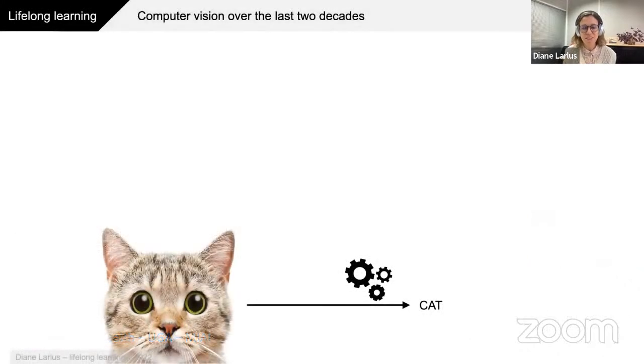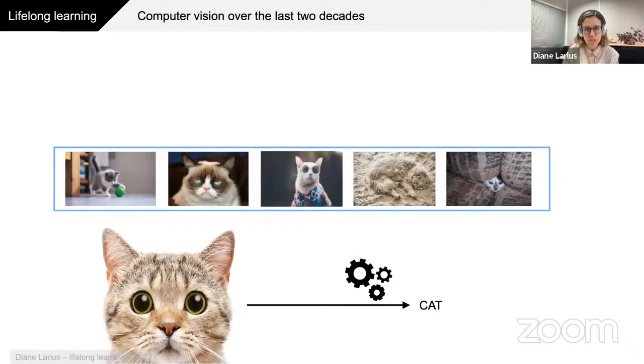But let's start high level, and let's start with one of my favorite computer vision tasks, that is the task of cat classification. So let's assume that you would like to build an algorithm that is capable of predicting when presented with an image if it contains a cat or not. So you want to be able to do that for any image you've never seen, right? So to build such an algorithm, first you need images of what cats can look like, which is surprisingly diverse.